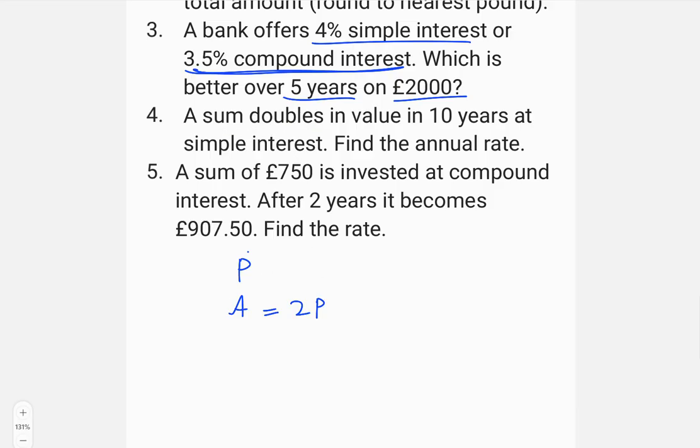A sum doubles means, you know how we work out a double, we would just have to multiply the thing with 2. So we invested the principal, so of course the principal is doubling. So you need to multiply 2 with the principal to work out the amount. Now the time is 10 years and we need to work out the rate.